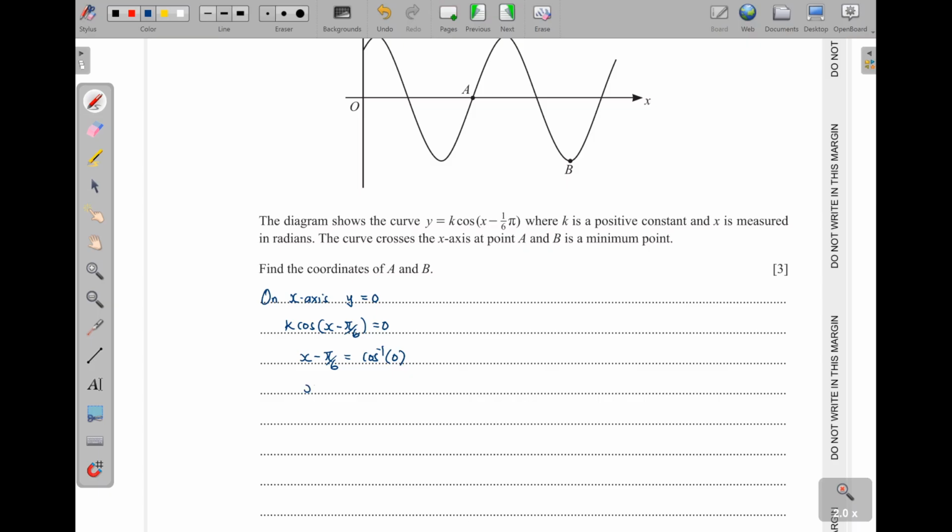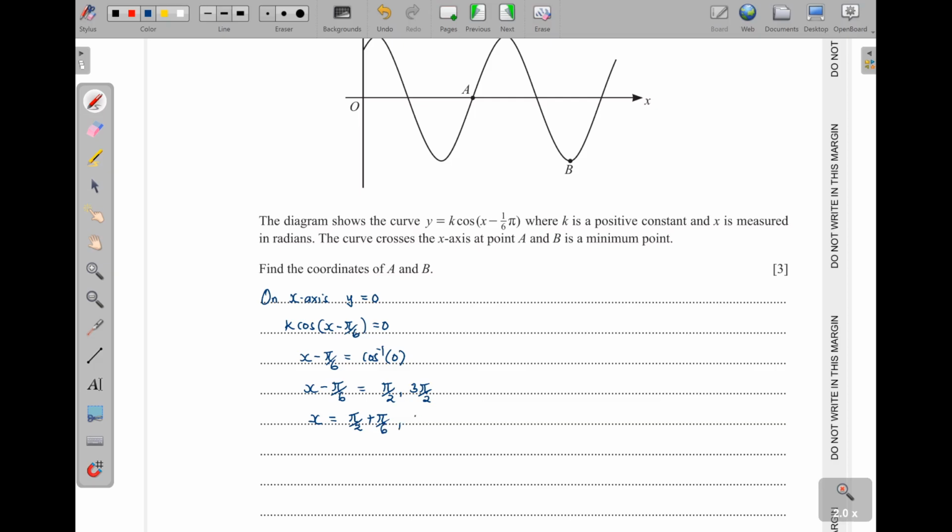Let me first write x minus pi over 6. Arc cos of 0, we can get answers like 90, that is pi over 2. Then we have 270, which is 3 pi over 2. Then you can take this other side, so it adds to them. So x is therefore going to be equal to 90 plus the 30, which is 120.